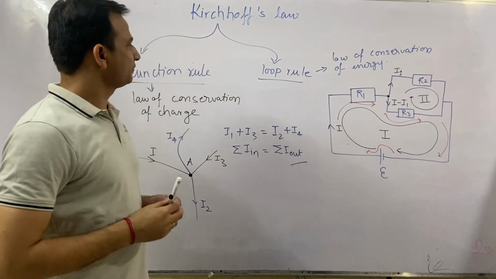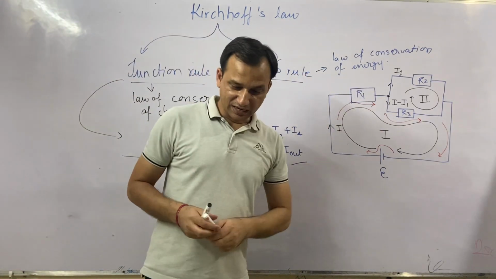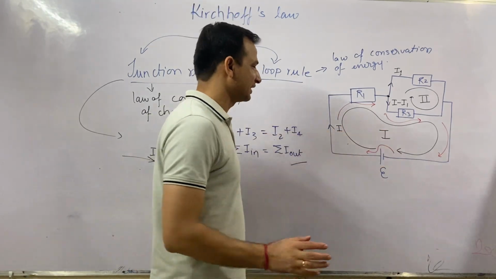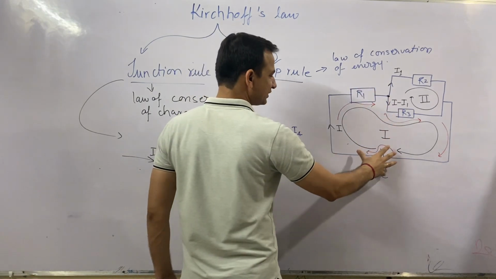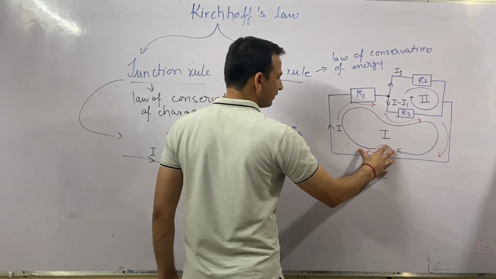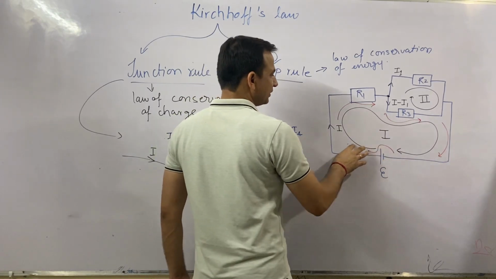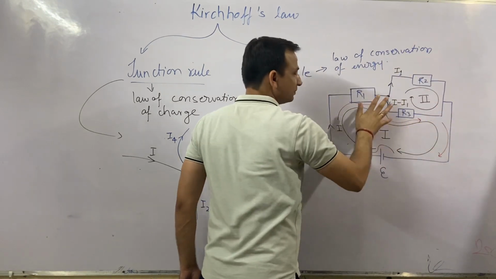So Kirchhoff's loop rule is the law of conservation of energy, and if we apply it, we can say that whatever energy is given by this power supply, the same energy will be consumed within this circuit.